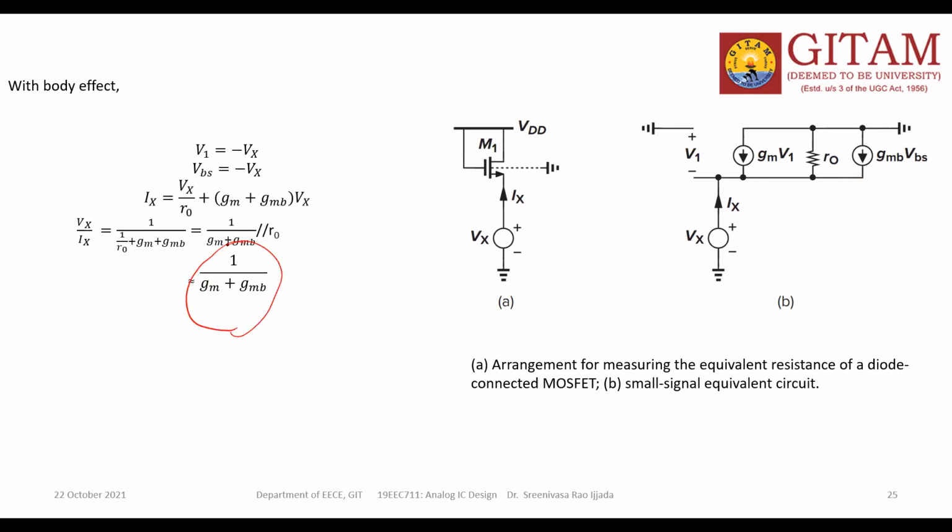For this, what kind of analysis did we use? We used the Thevenin equivalent resistance finding method.